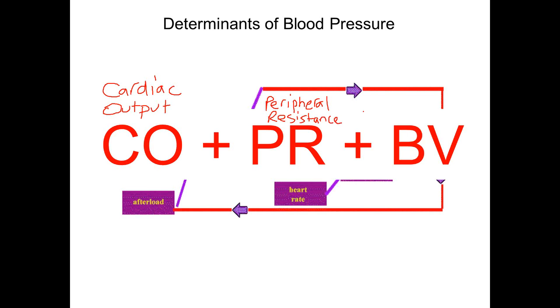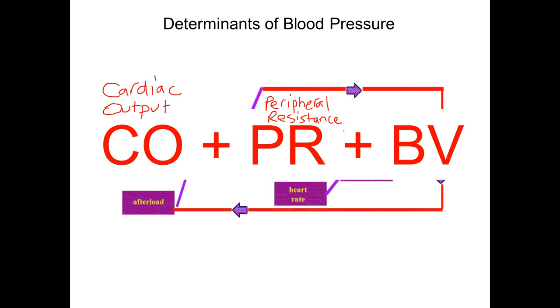The best way to explain peripheral resistance is to think about what happens when you pass water through your garden hose at home. You turn on the tap and the water flows through the hose. The pressure of the water coming out of the hose is the same unless you do something like stand on it or squeeze it.